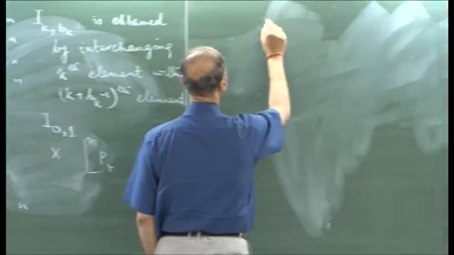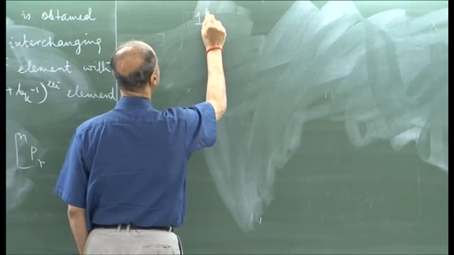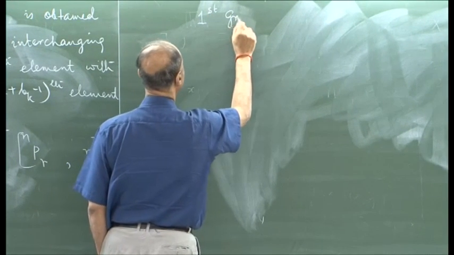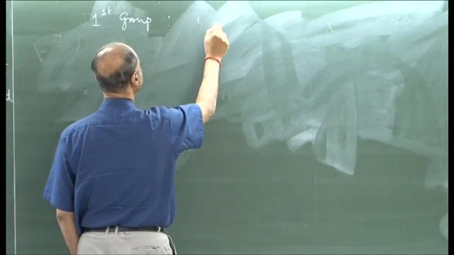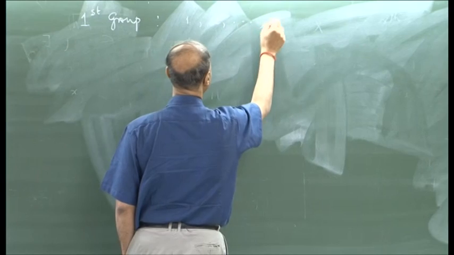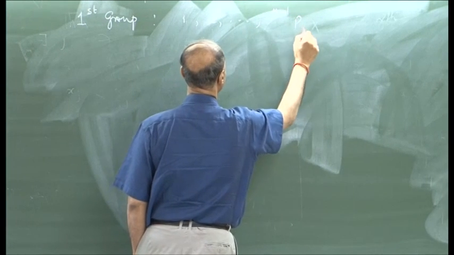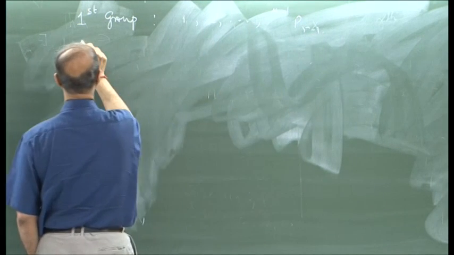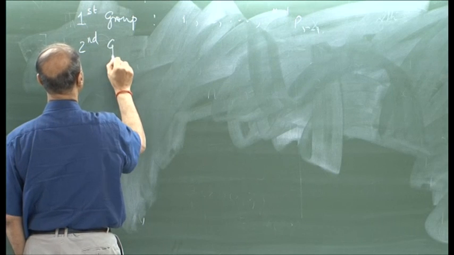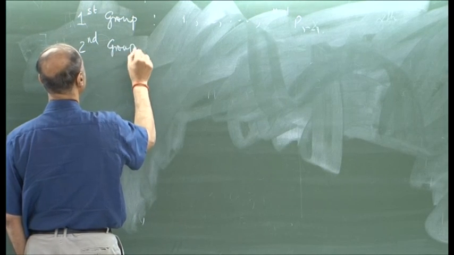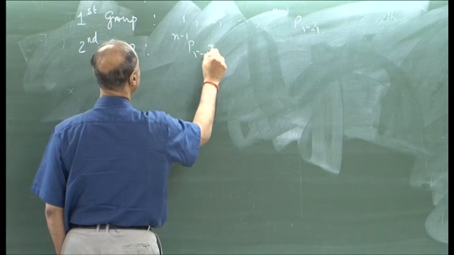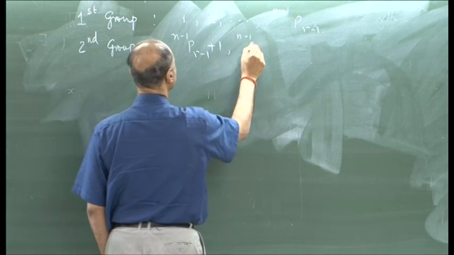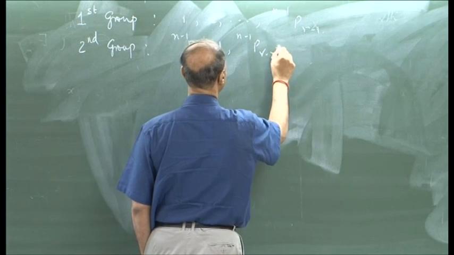So the first group contains the elements 1, 2, up to n-1 P r-1. The second group contains n-1 P r-1 plus 1, up to 2 times n-1 P r-1.